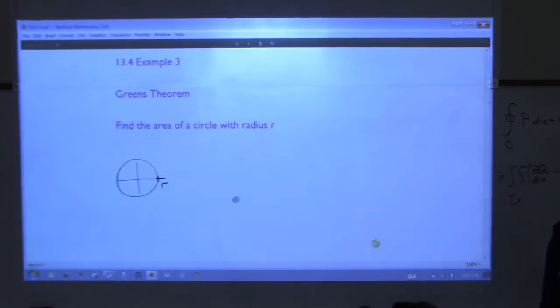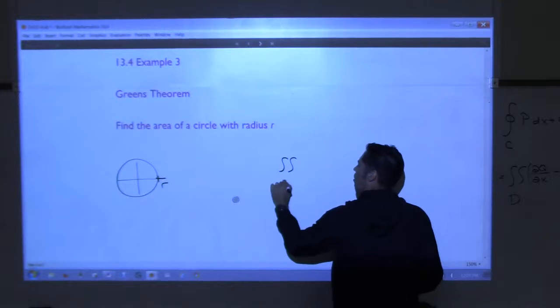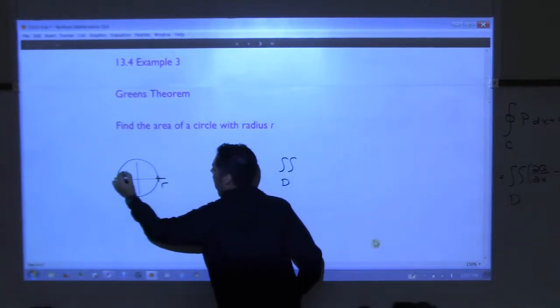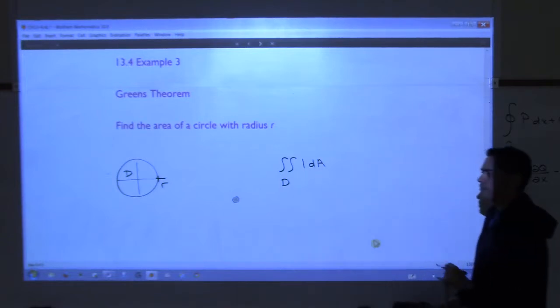Well, we could just do a double integral, couldn't we? Yeah? But instead of doing that, I'm going to use this backwards. Okay? So I want the double integral over D, here's D, of 1 dA, right? That's what I want.